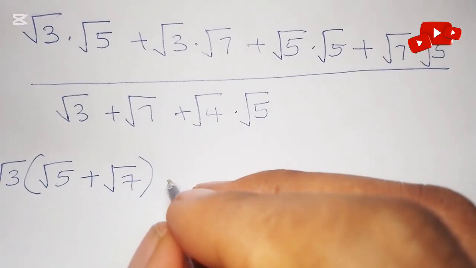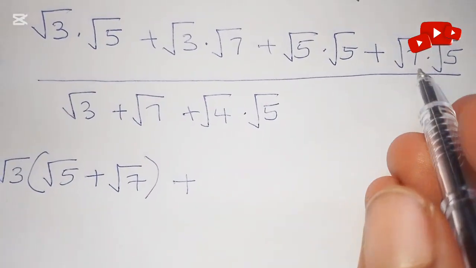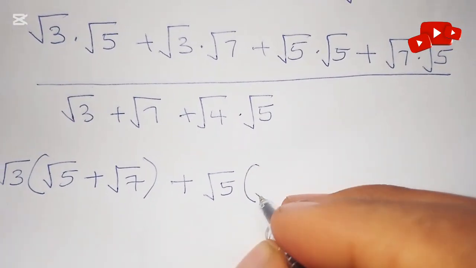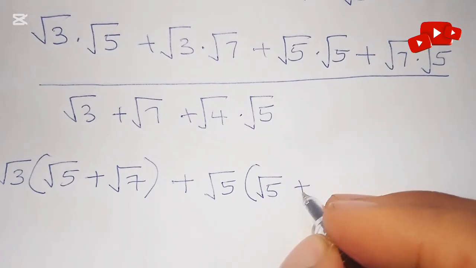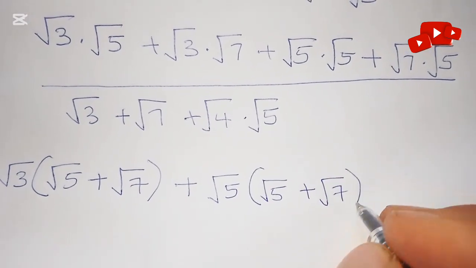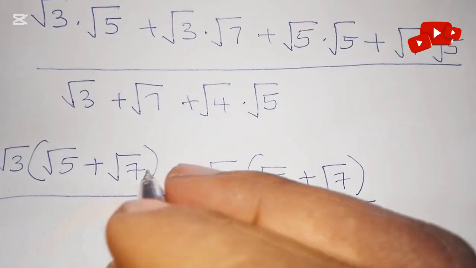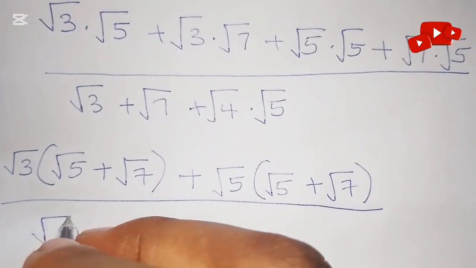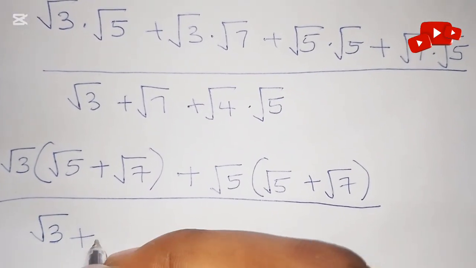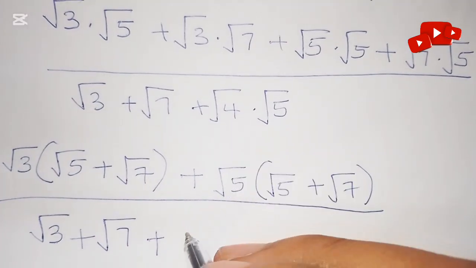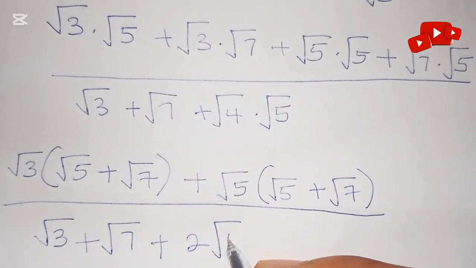Plus, what's common here is root 5, in bracket root 5 plus root 7, all over, here we have root 3 plus root 7 plus this gives us 2 root 5.